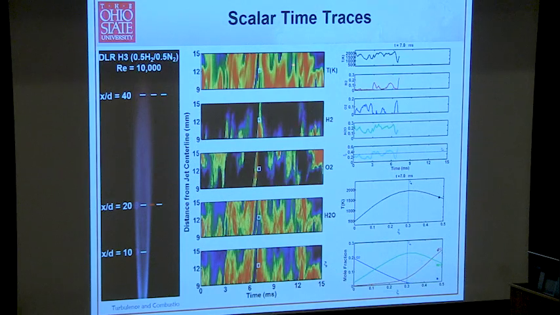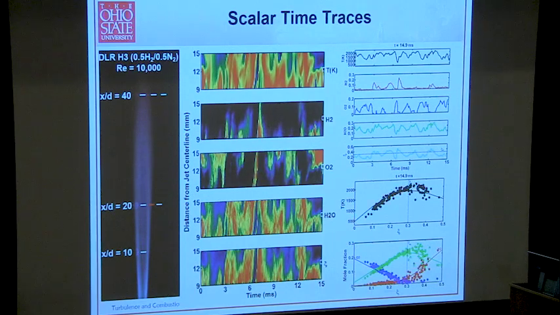So after all the calibration, all the procedure, here's temperature, the fuel hydrogen, oxygen, water, and then the mixture fraction. And then this is looking at them as a function of time. So you can see all the fluctuations in time of the different major species. And this was then put into a mixture fraction coordinate system.